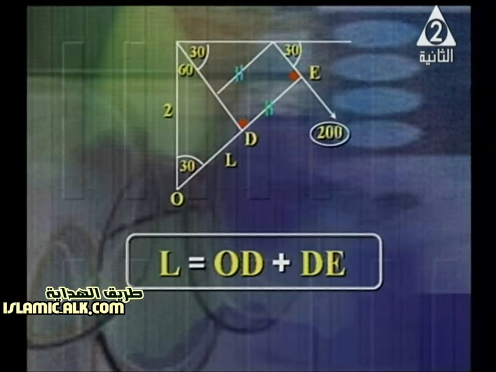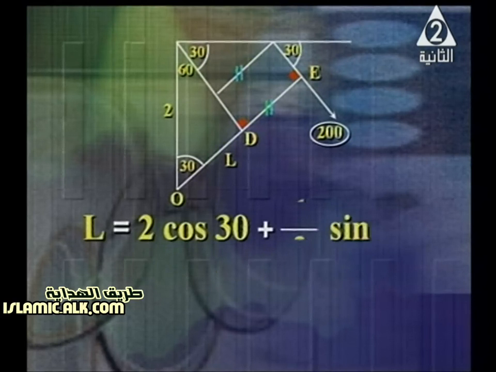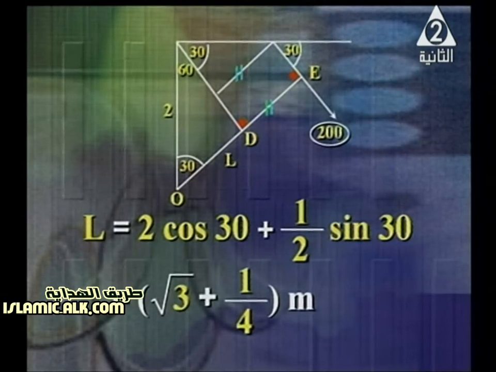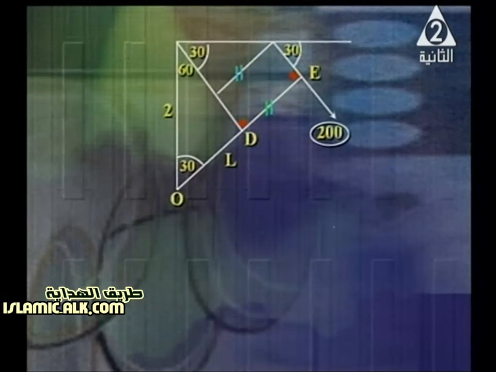Cosine 30 is root 3 over 2. By substitution, we find the value of OD. By the same method, we find DE. Remember, DE in a right triangle, opposite angle 30 degrees, equals half the length of the hypotenuse. Then L equals 2 cosine 30 plus 1 over 2 sine 30, equals root 3 plus quarter meter.